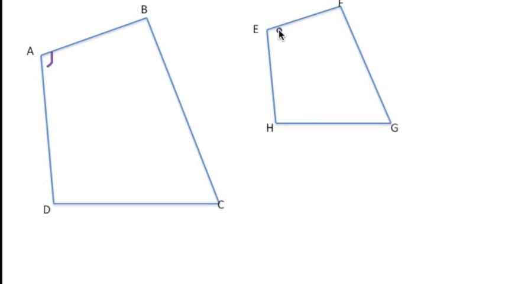So angle A is congruent to angle E. Angle B is congruent to angle F. Angle C is congruent to angle G.